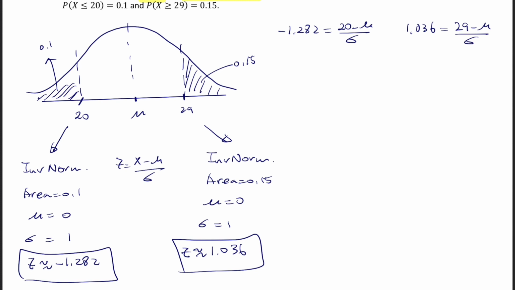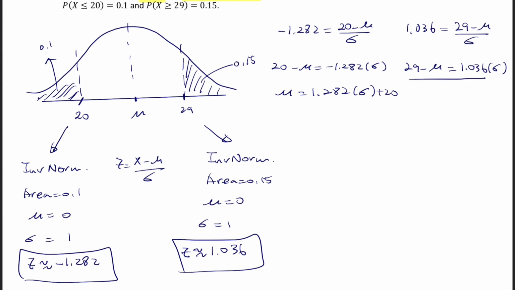Then for the first equation, we can set it up as 20 minus mean equals negative 1.282 times standard deviation. And for the second one, we can say 29 minus mean equals 1.036 times standard deviation. Then this is the same as mean equals 1.282 times standard deviation plus 20.